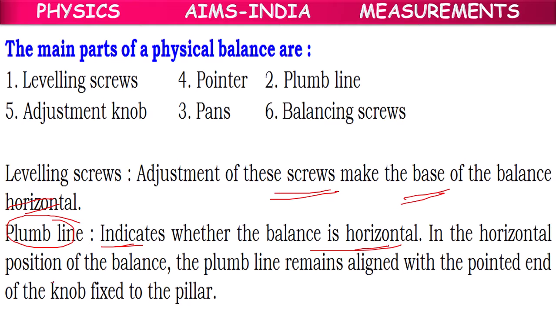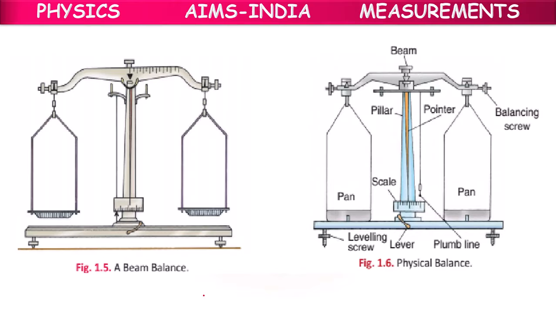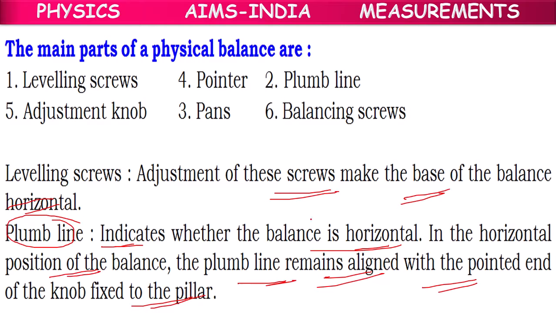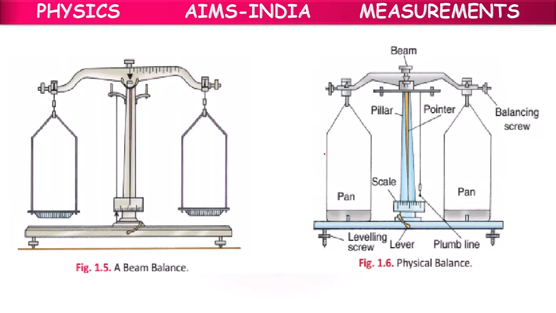In the horizontal position of the balance, the plumb line remains aligned with the pointed end of the knob fixed to the pillar. Means, for the pillar, this pointer is there, and this is the plumb line.